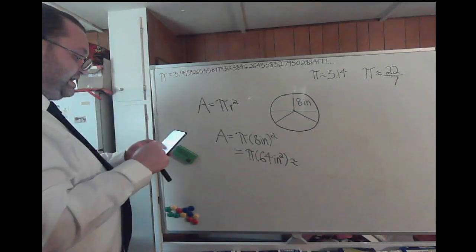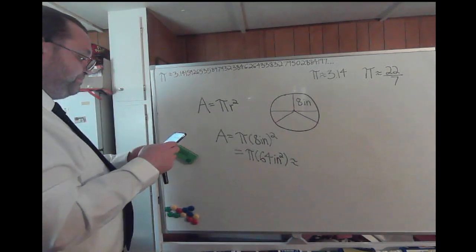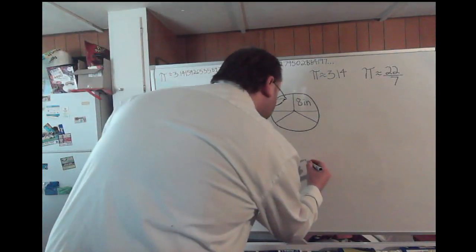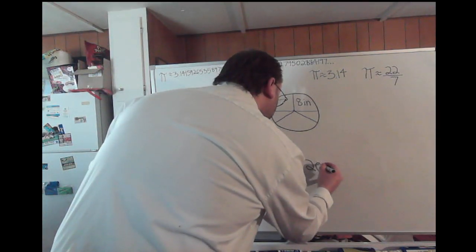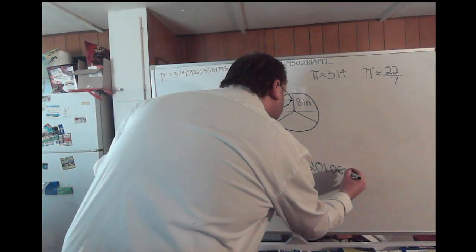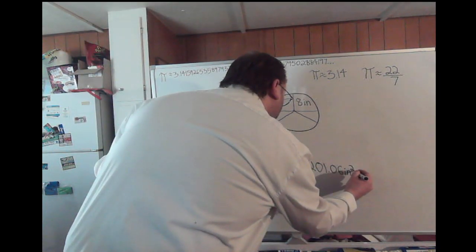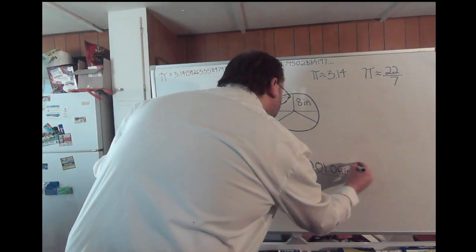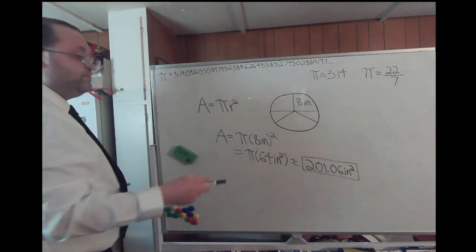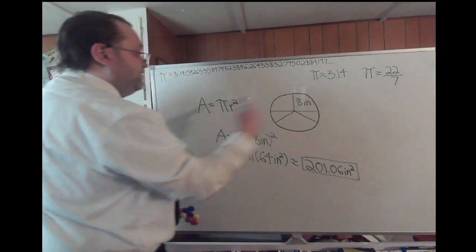So we'll have pi times 64. I get about 201.06. So 201.06 inches squared would be the area of the circle.